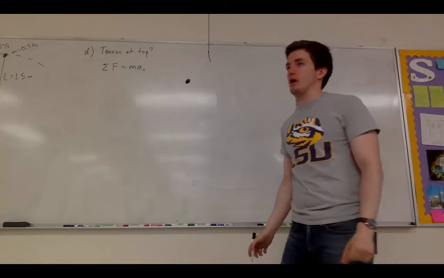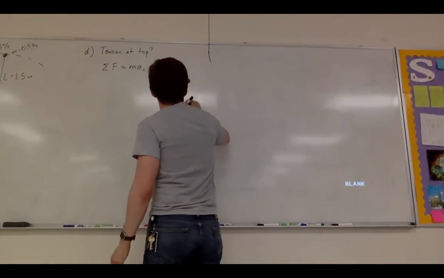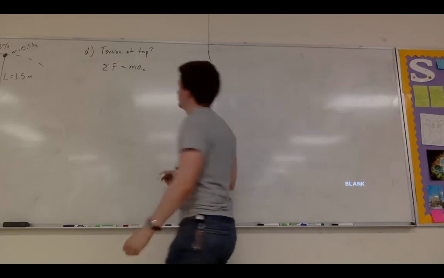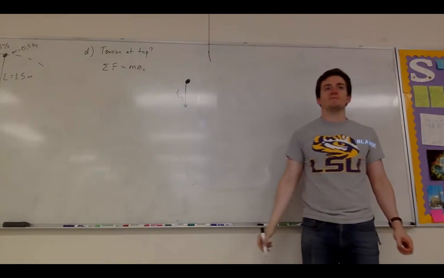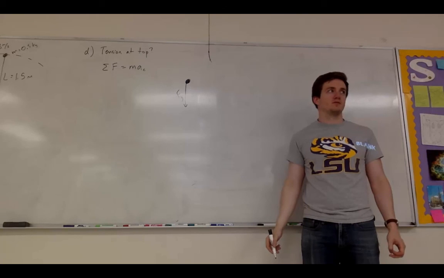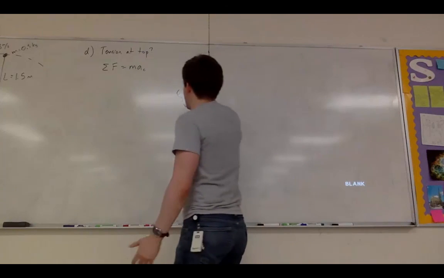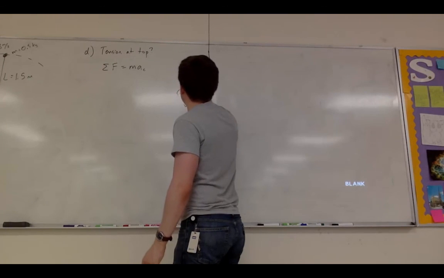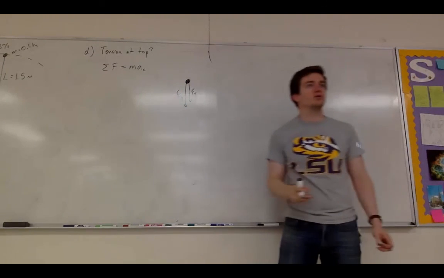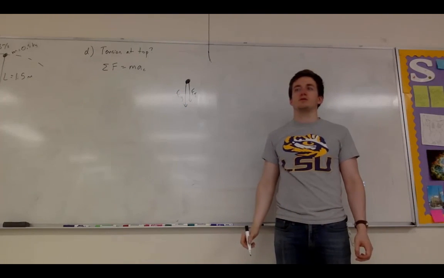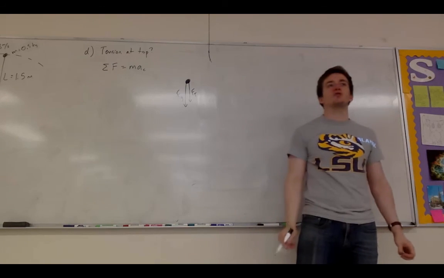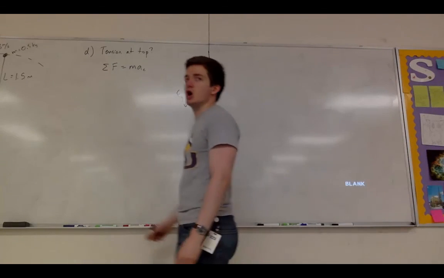Which way does gravity point? Downward. So FG points down. Which way is tension going to point? Down. How does tension always point? With the rope. It always points with the rope. So tension points down. So we're going to have two downward forces, you add, and no upward forces.